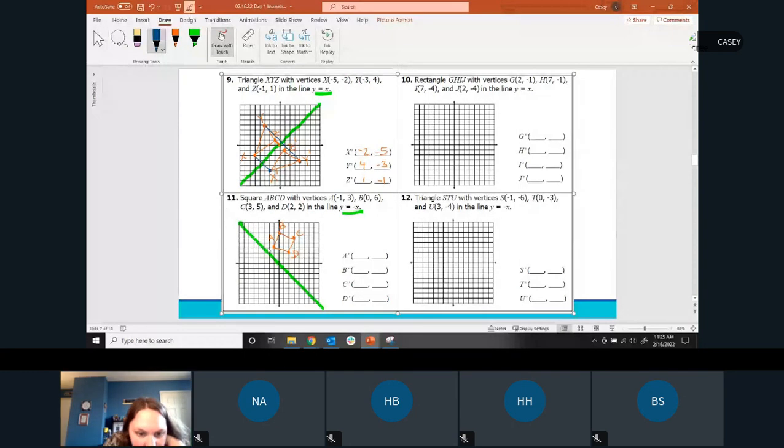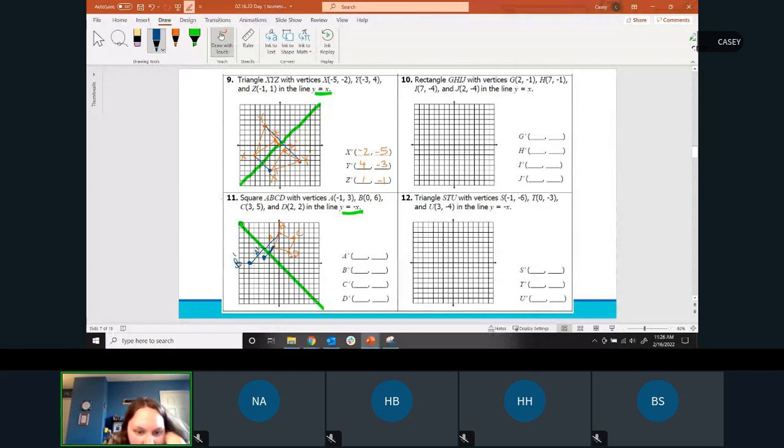is 1 block away. So A prime has to be 1 block away. B prime, I'm going on a 1 slope here. So 1, 2, 3 blocks away. So B prime has to be 1, 2, 3 blocks away.